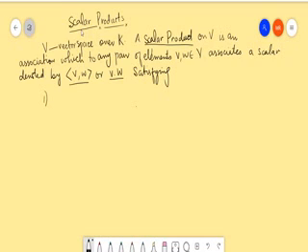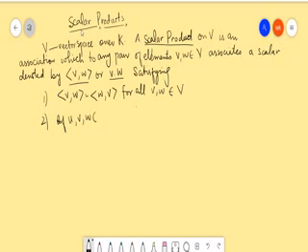Number one, that ⟨V, W⟩ is the same as ⟨W, V⟩ for all V, W in V. Number two, if U, V, and W are elements of the vector space, then ⟨U, V + W⟩ is equal to ⟨U, V⟩ + ⟨U, W⟩.